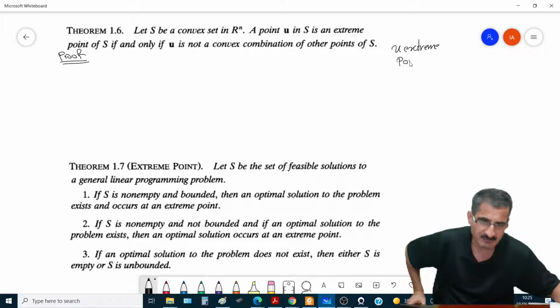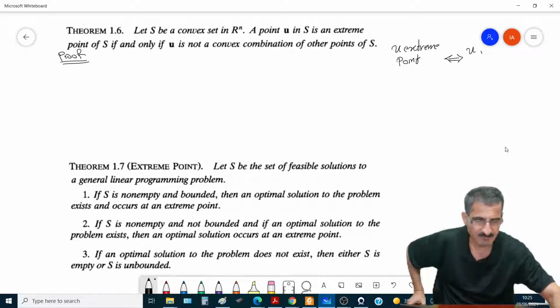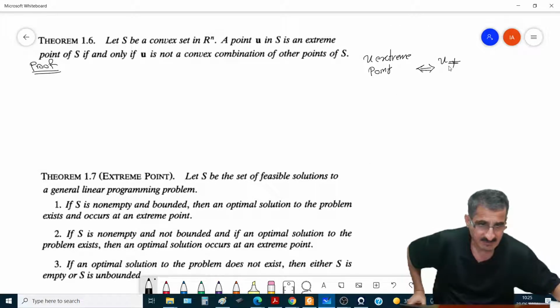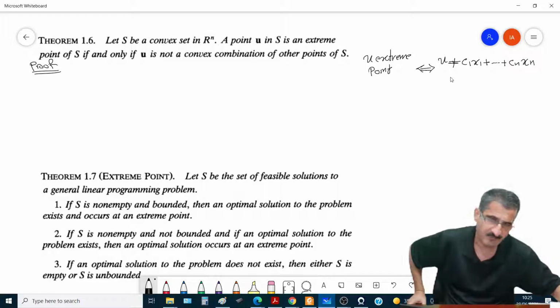Extreme point if and only if, let me write it this way, U does not equal C1 x1 plus ... plus Cn xn for any Ci positive with summation of Ci equals 1.